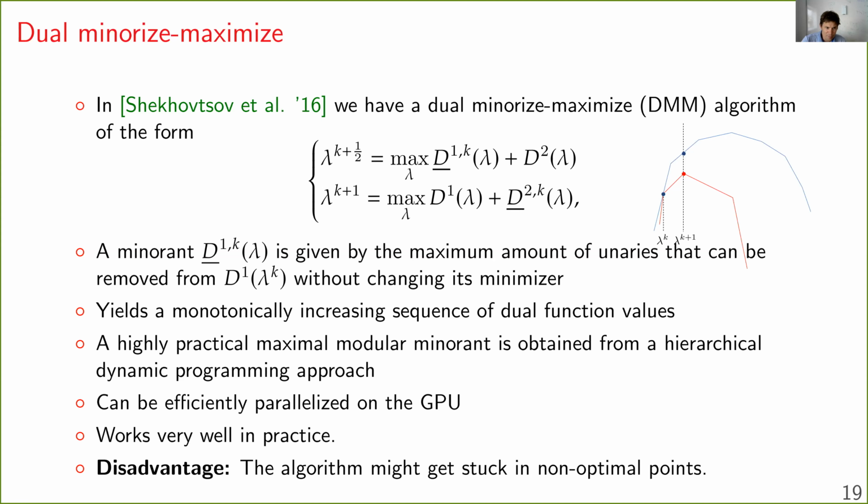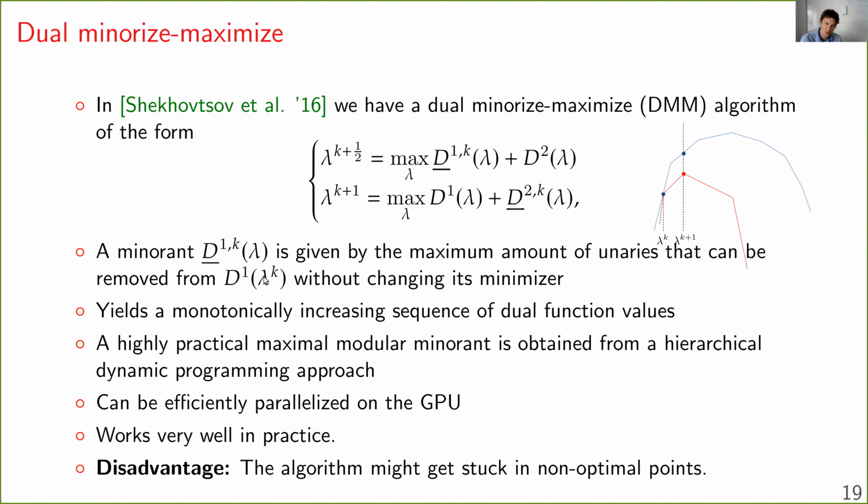And the algorithm we have proposed on a more general level works as follows. You consider your first dual function and you try to remove as many unary terms from this problem as possible without changing its minimizer. So you're trying to subtract unaries that still preserve the minimizer of the first problem.